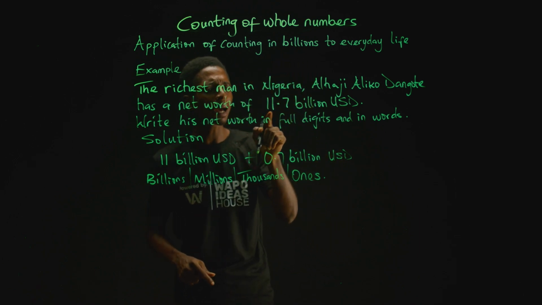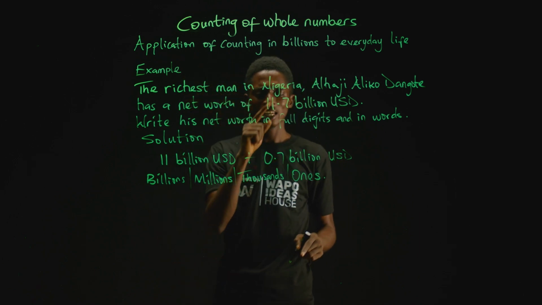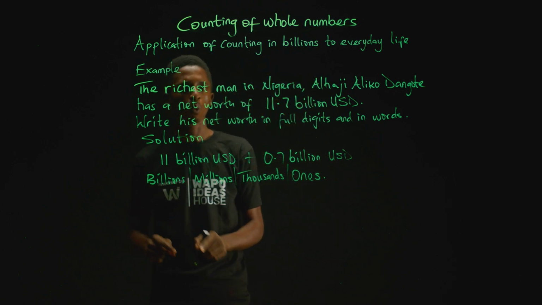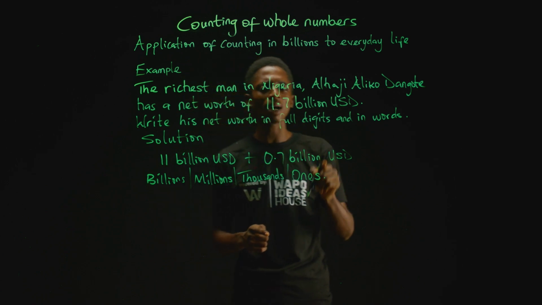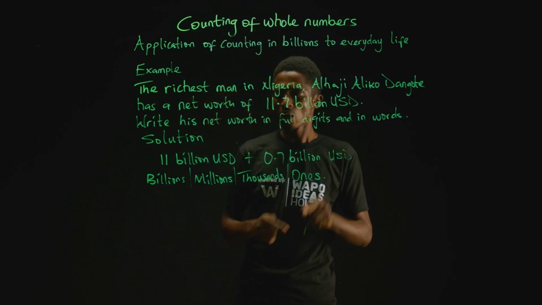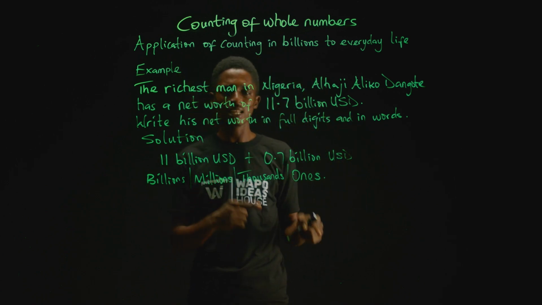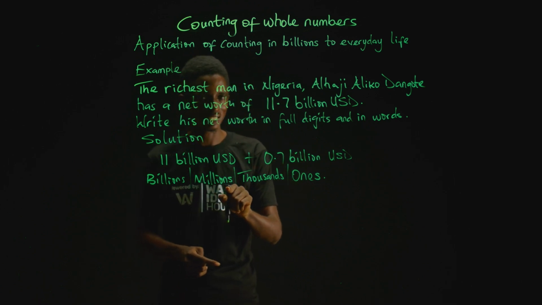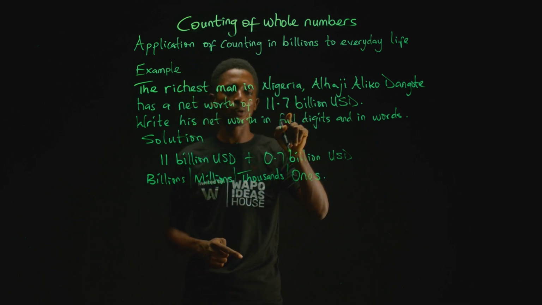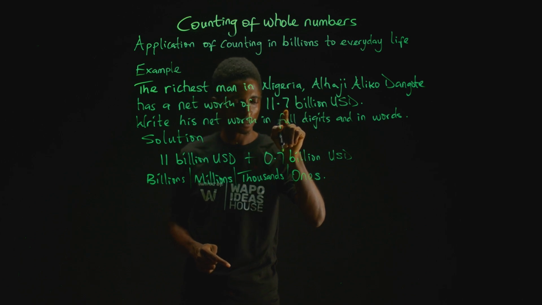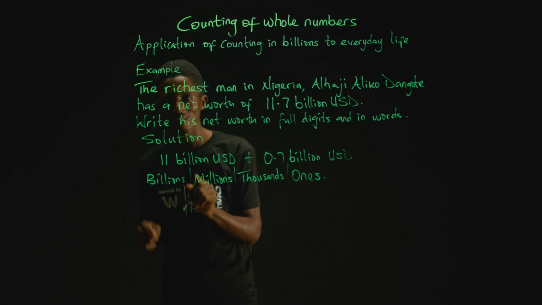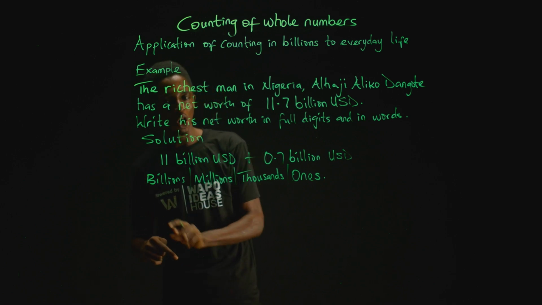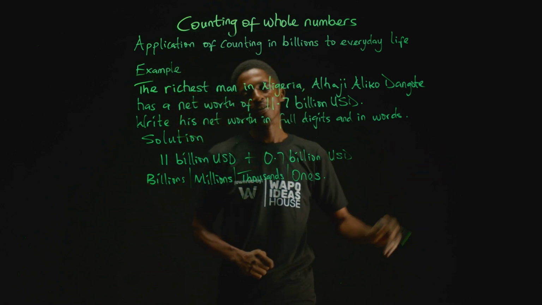And the number before the decimal point is the one that takes the billion, which we always write as it is. But any other number that comes after the point will fill up the next place value, which in this case is million. After the decimal point, we have the number 7. And do not forget also that in each of these groups, we have 3 digits. So we always write from left to right.